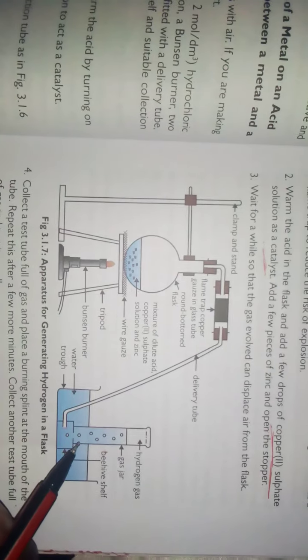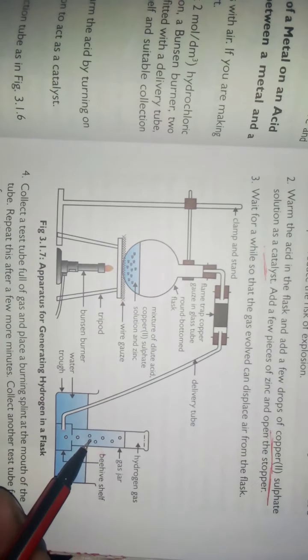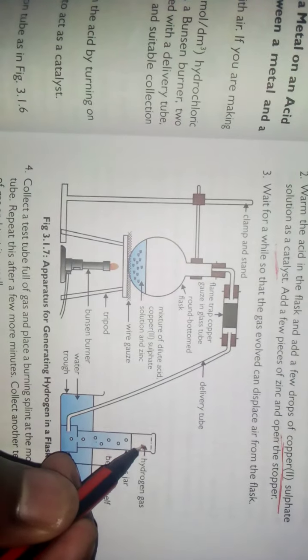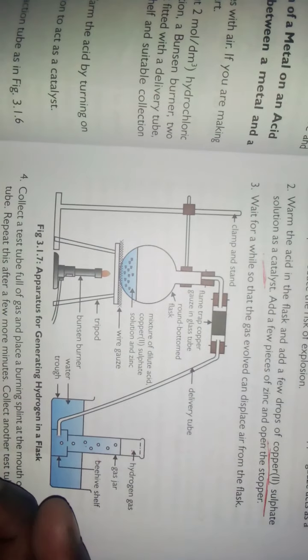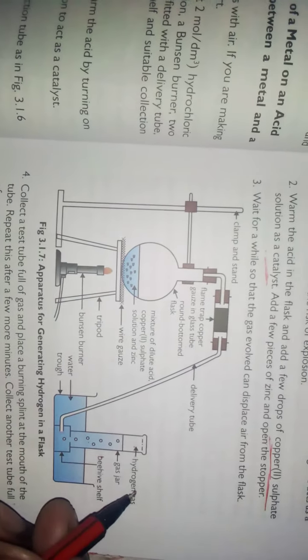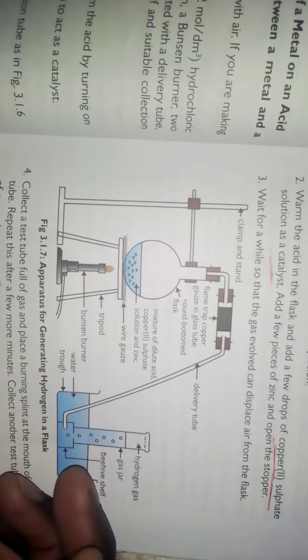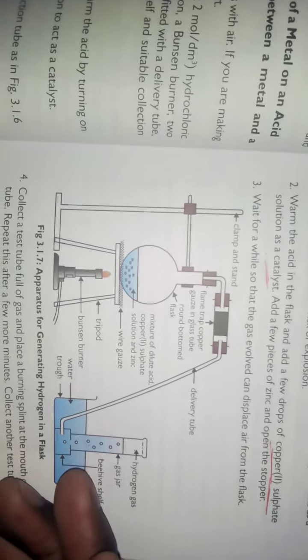These bubbles are an indication that a gas has been produced, and the gas produced here is hydrogen. So how do you test for hydrogen? Usually the hydrogen produced here gives a burning pop sound. So that is the first method.